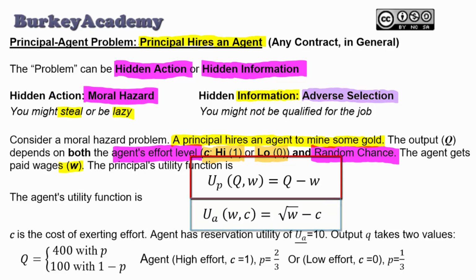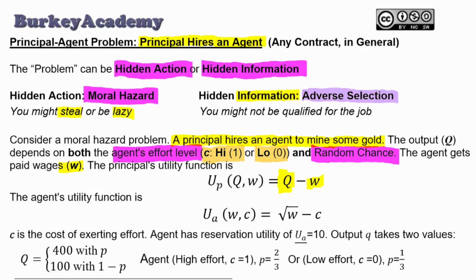The principal's utility function is simply the output level, how much gold they get, minus the wages they have to pay this agent. From the structure of this utility function, we can see that the principal is risk neutral. This follows from the fact that their marginal utility of income is linear. So they are risk neutral.